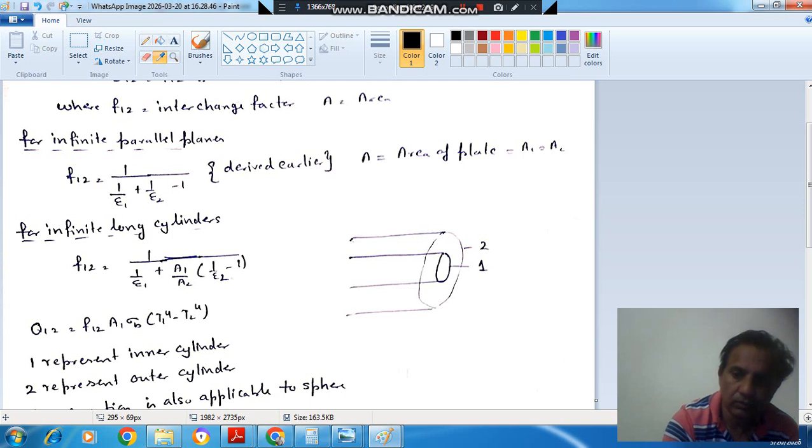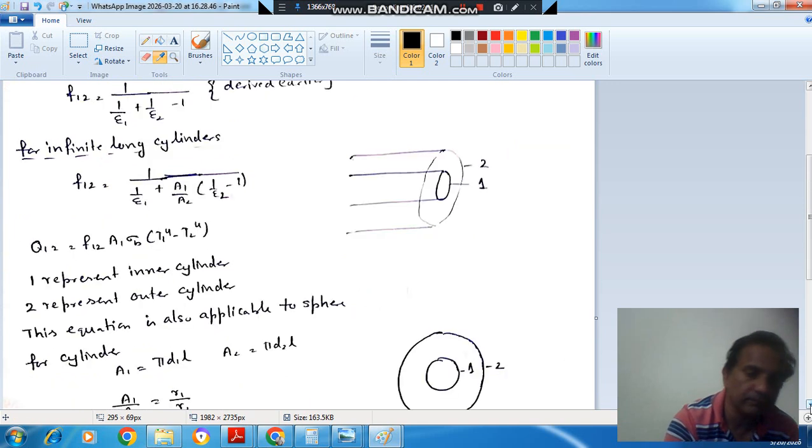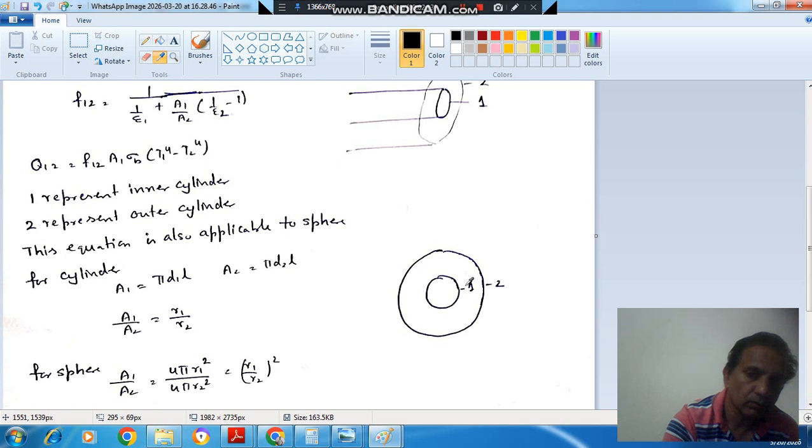Okay, so now this formula is also applicable to a sphere. So this is your inner sphere and this is the outer sphere, and for a sphere the area will be 4 pi r1 square. A1 is 4 pi r1 square and A2 is 4 pi r2 square, so the ratio will be r1 by r2 whole square.